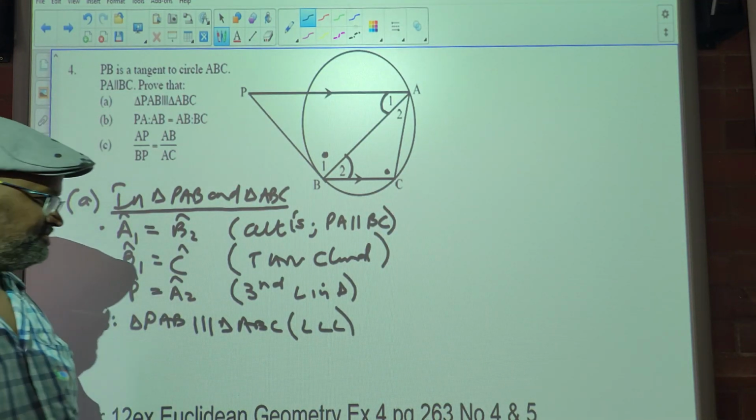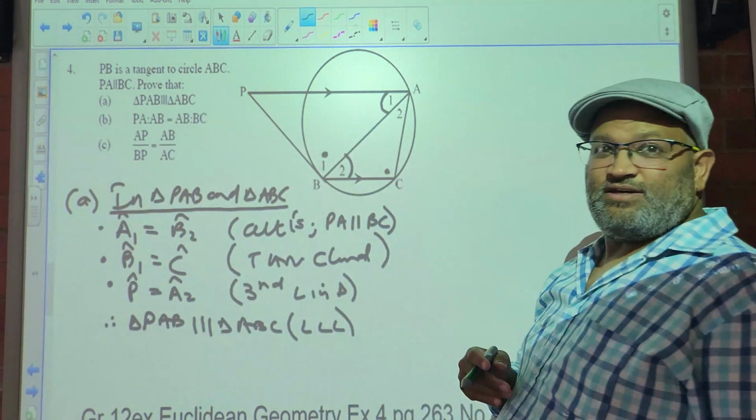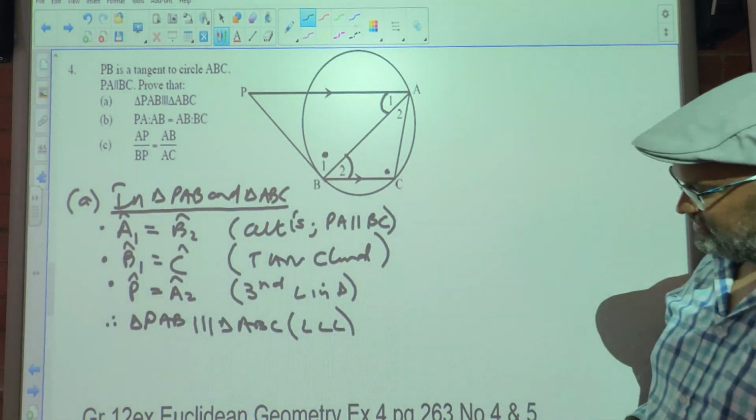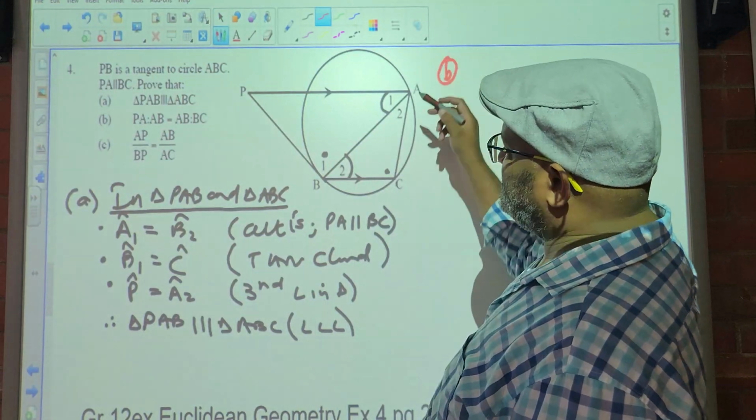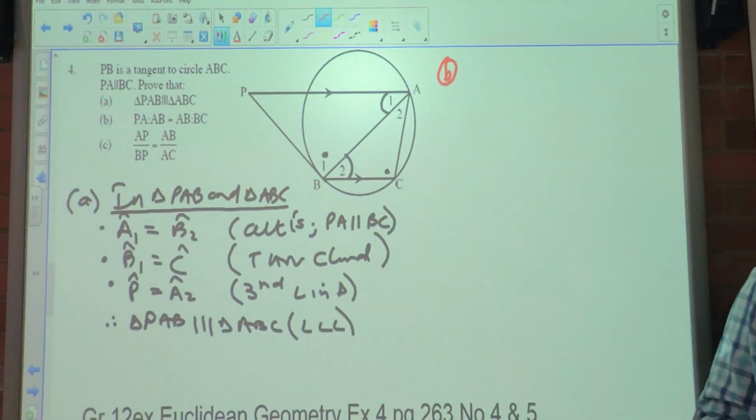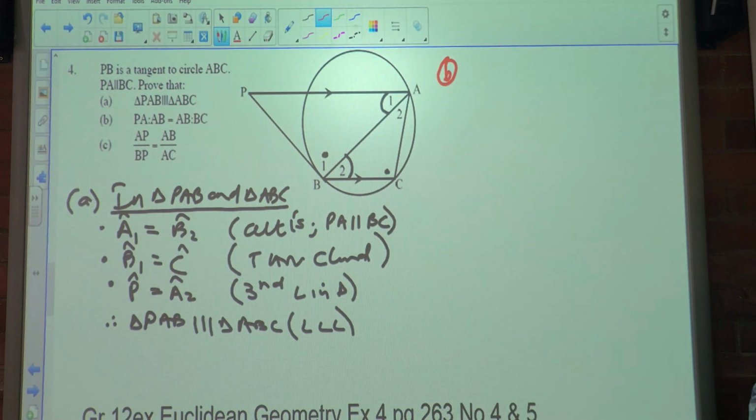Right, you guys understand? Any confusion here? No? Then in B, we said what's going to follow? A similarity question, a ratio question.